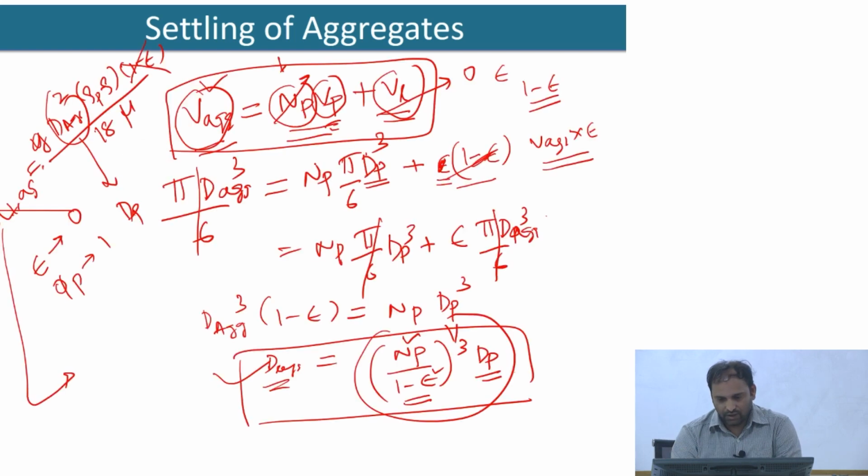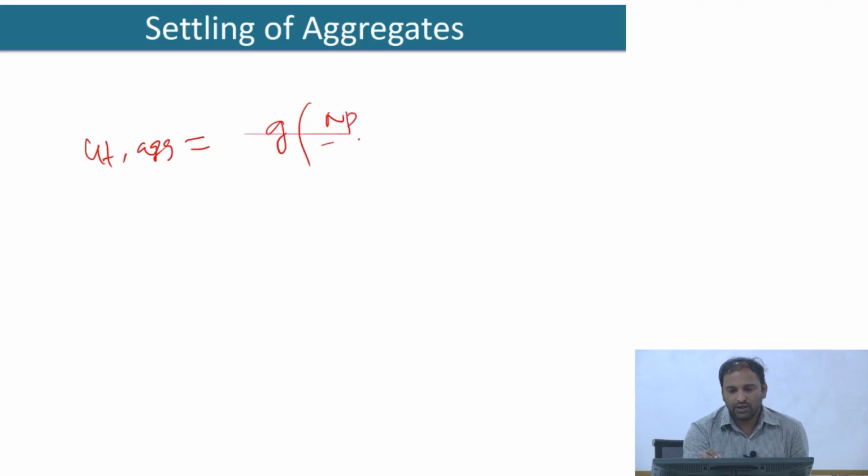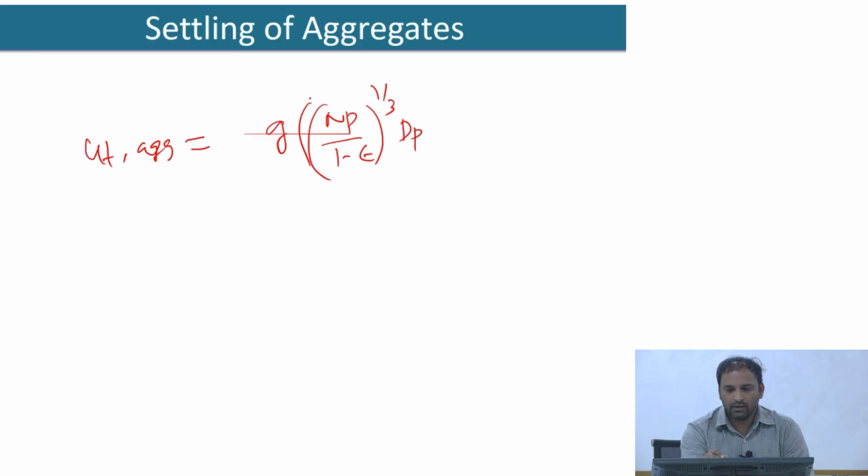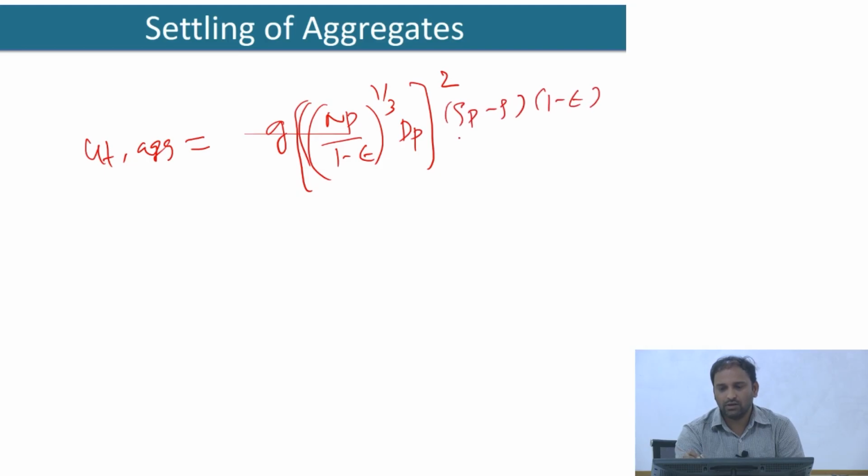Therefore, your ut aggregate would go as g into, instead of d aggregate square, I am going to put np divided by 1 minus epsilon, to the power of 1/3, that is what I had, into dp, whole square, and of course there was rho p minus rho, and there was 1 minus epsilon divided by 18 mu, right, that is what you had.